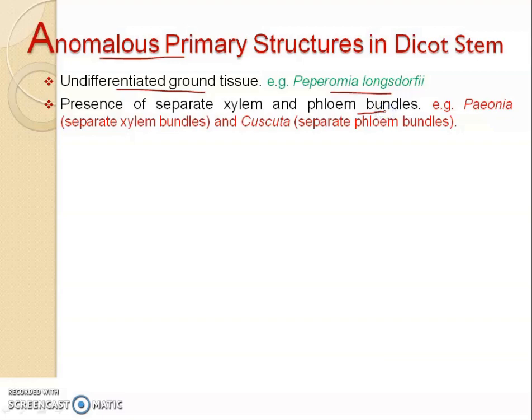As we discussed in the previous slide, xylem and phloem are conjoint and collateral, but in some cases, for example in Paeonia, separate xylem bundles are present, and in Cuscuta, separate phloem bundles are found.